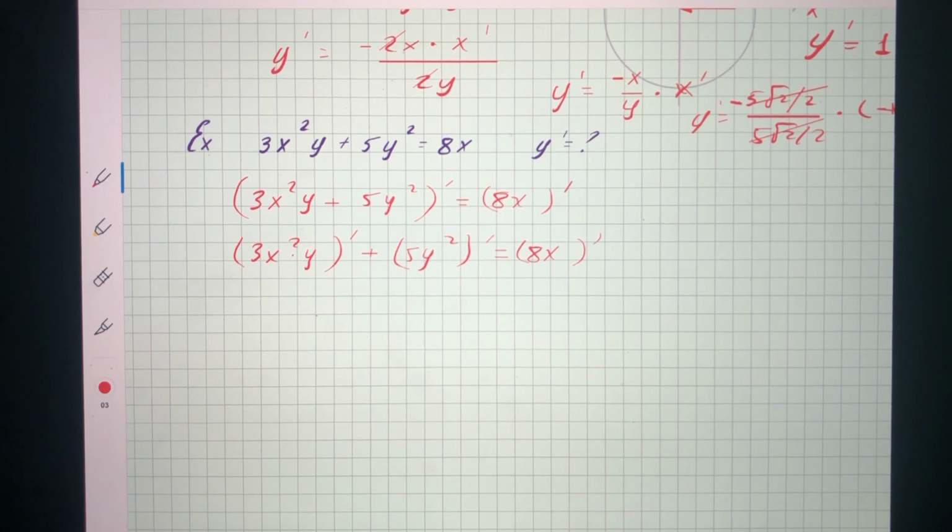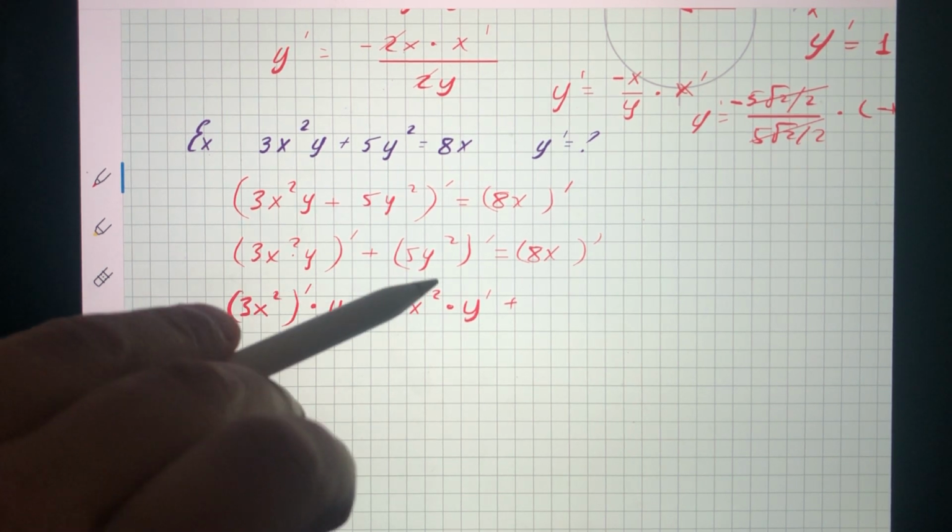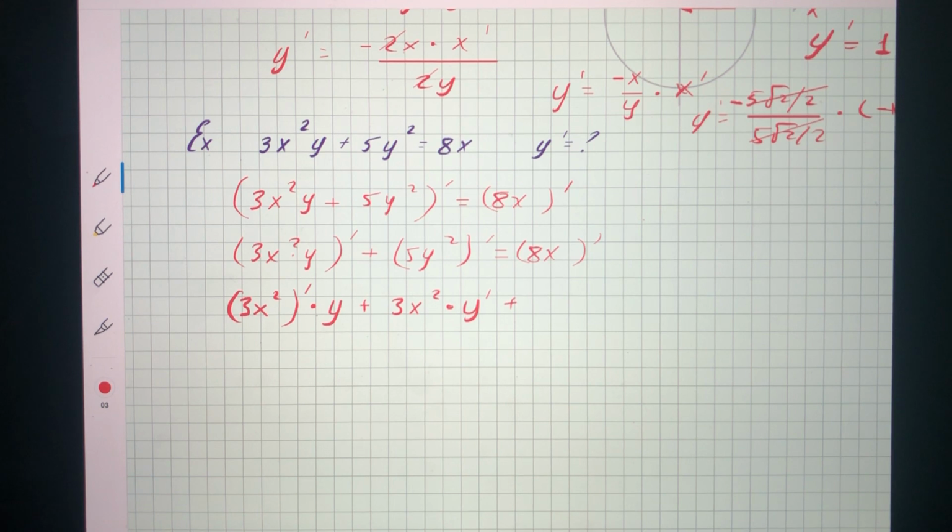Well, the product rule says we take a derivative of the first, that's a derivative of 3x squared, times the second, plus skip the first and take a derivative of the second, plus. Now the derivative of 5y squared is 5 times the derivative of y squared, which is 2y, times, by chain rule, the derivative of the inside function, which is y prime. The derivative of 8x is just 8.